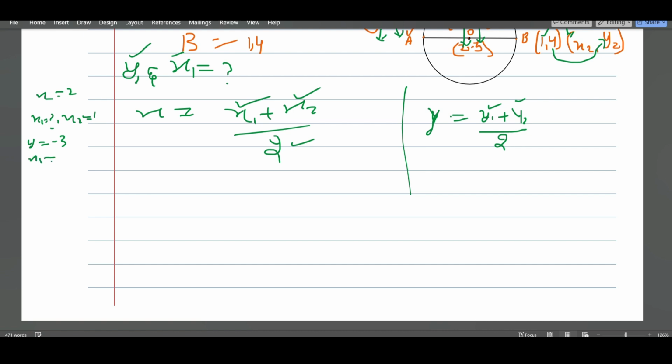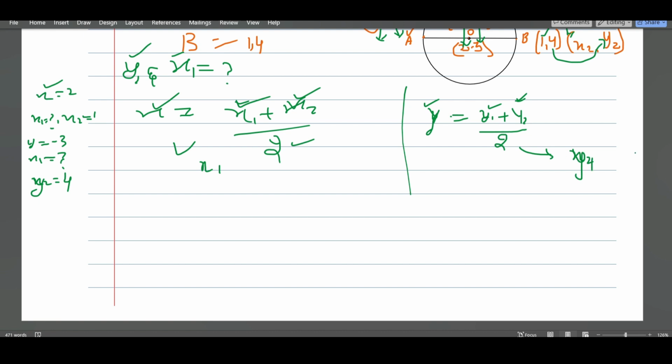The value of x1 is not given, and y2 is given as 4. So we have the value of x and x2, and the value of y and y2. From these two formulas, from here we can find the value of x1, and from here we can find the value of y1.